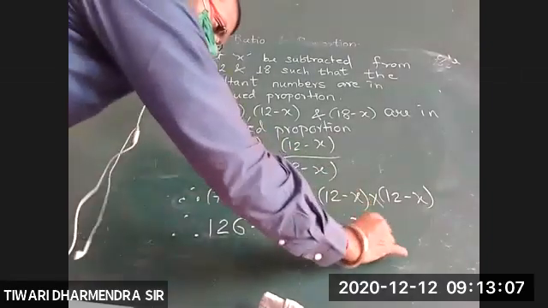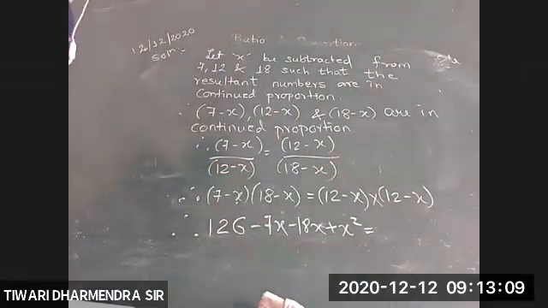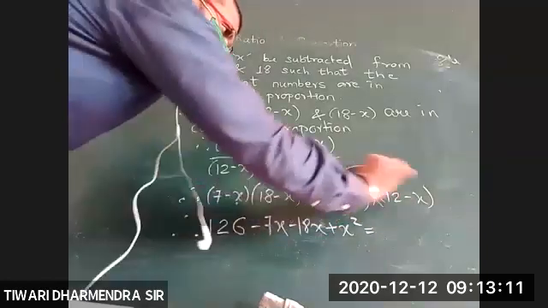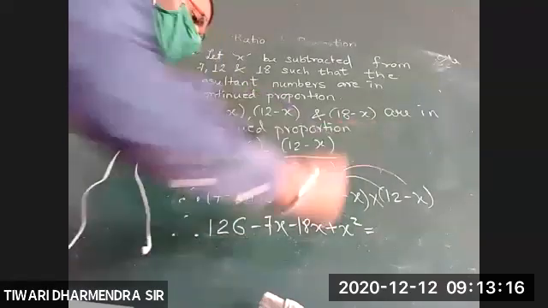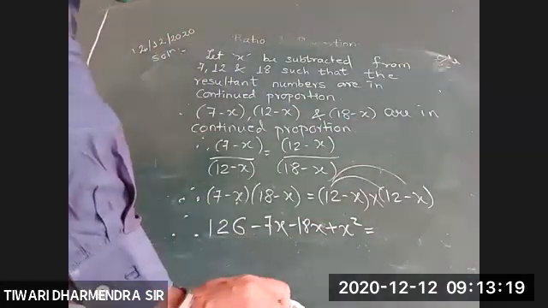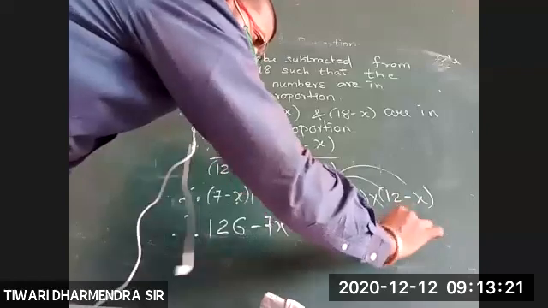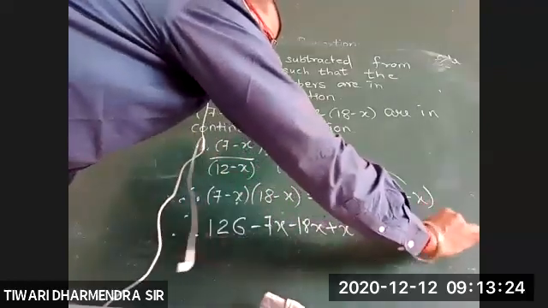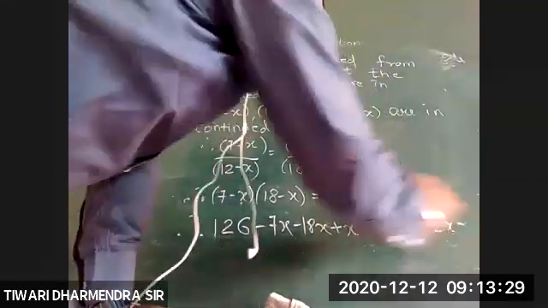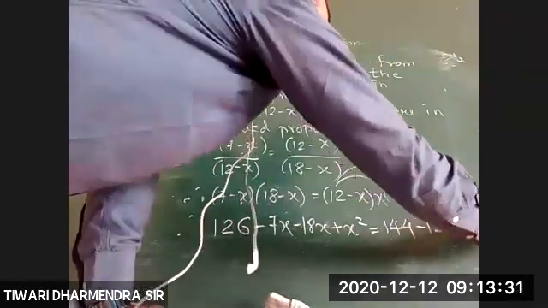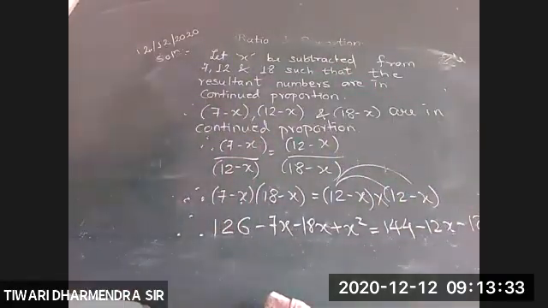Similarly, it is equal to 12 into 12, like this. First multiplying 12 by 12, and after that 12 by minus x. So we'll have 144 minus 12x minus 12x plus x square. Just go through the step. If you feel that you have any doubt, you can ask.